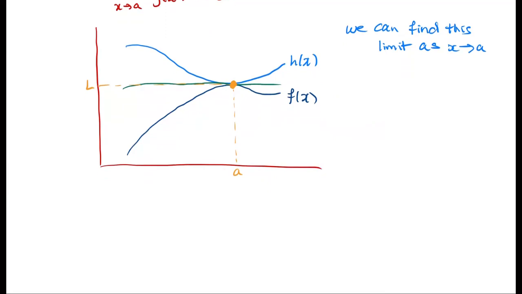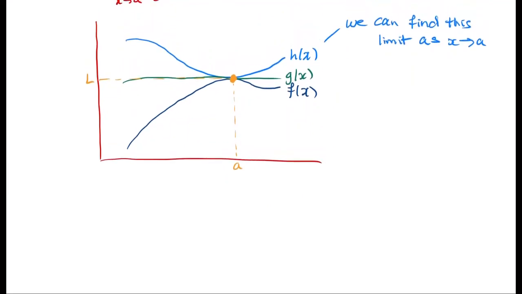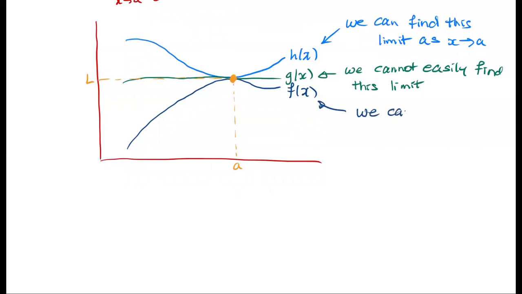So that's where the squeeze theorem comes in. If the green function represents g of x, for this one we cannot easily find this limit, but for the function f of x, we can find this limit.